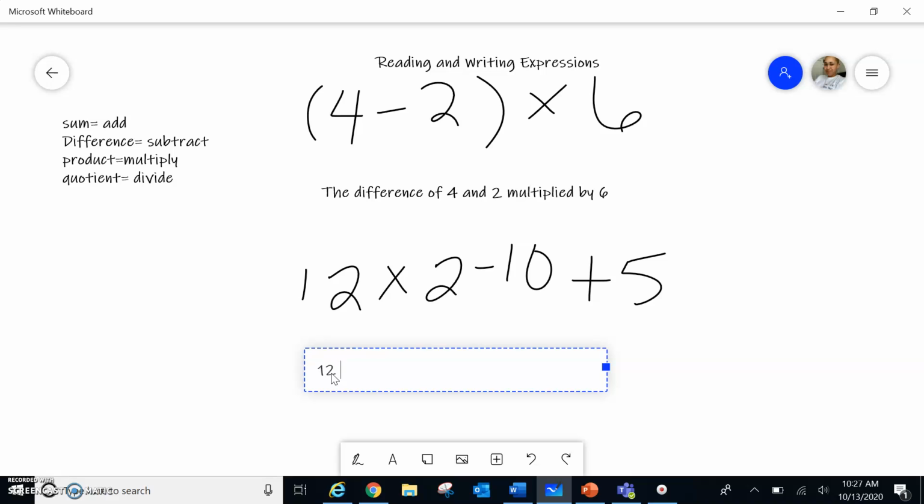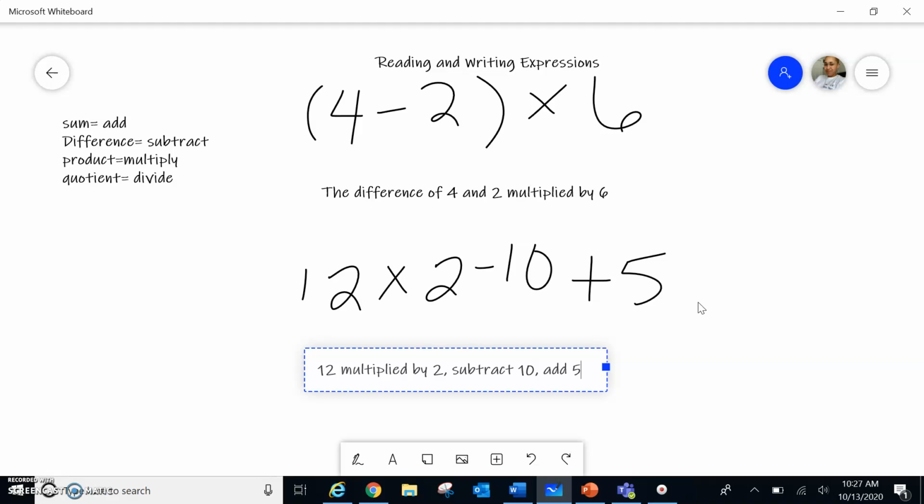So I can say 12 multiplied by 2. Then what do I need to do? Then I'm going to subtract 10. And then lastly, I add 5. And that's all. 12 multiplied by 2, subtract 10, add 5.